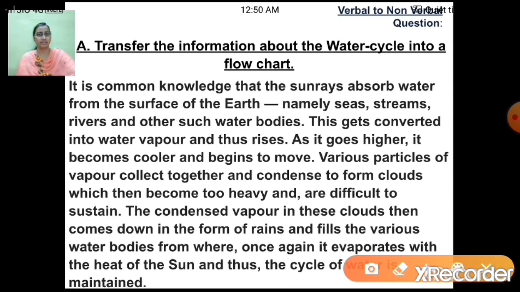Okay, here in this case it is common knowledge that the sun absorbs water from the surface of the earth, mainly seas, streams, rivers and other such water bodies. That can be your first point.